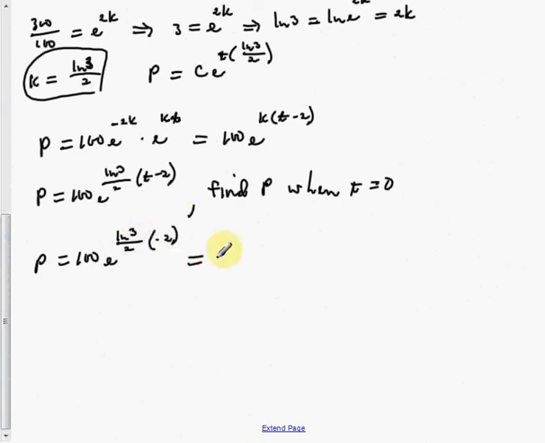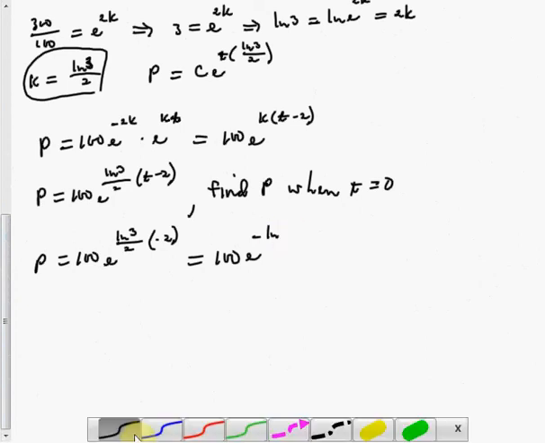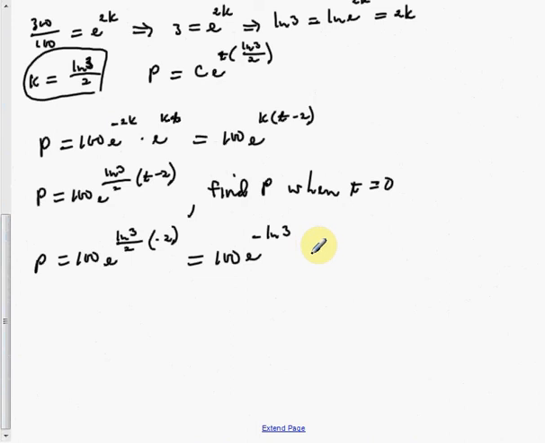So the 2's cancel out. I have 100 times e to the negative natural log of 3. Just going to simplify that. This is 100 times e to the natural log of 1 over 3.